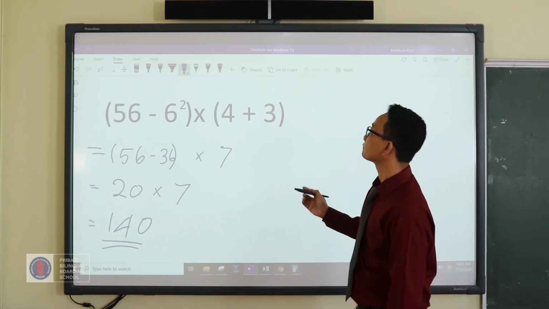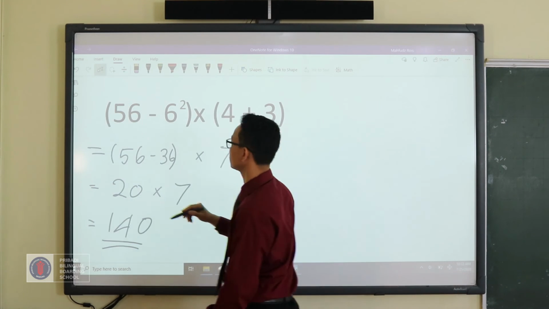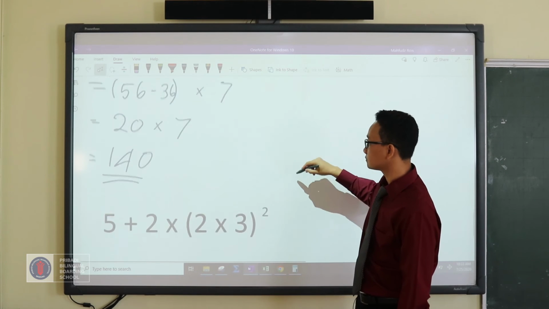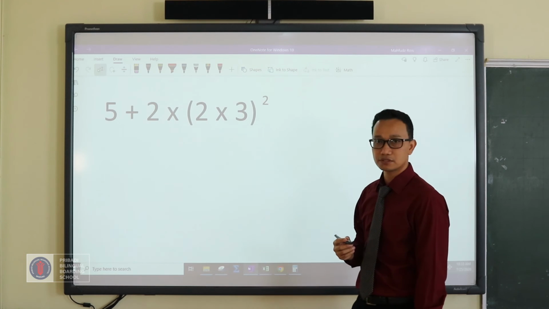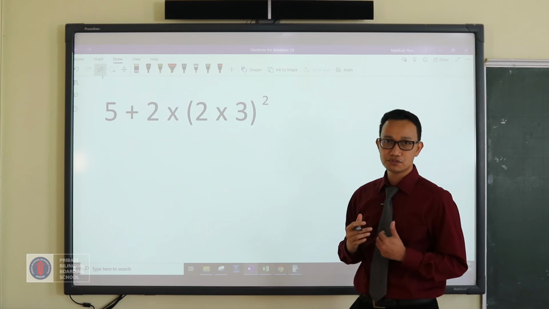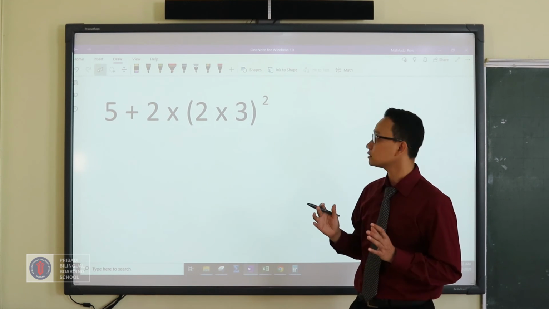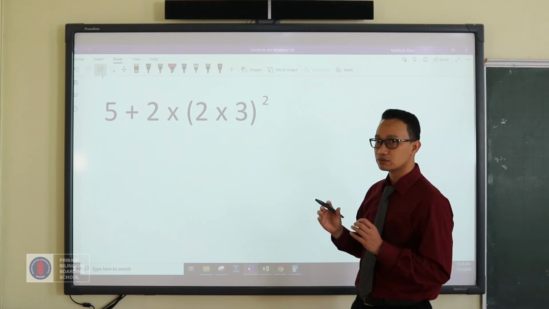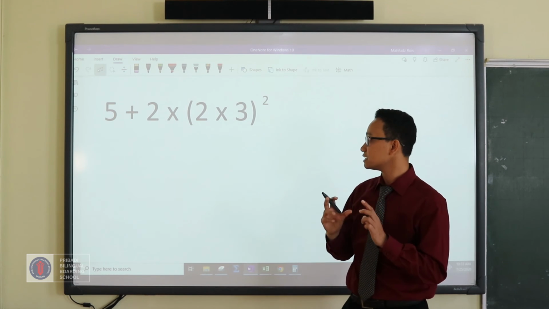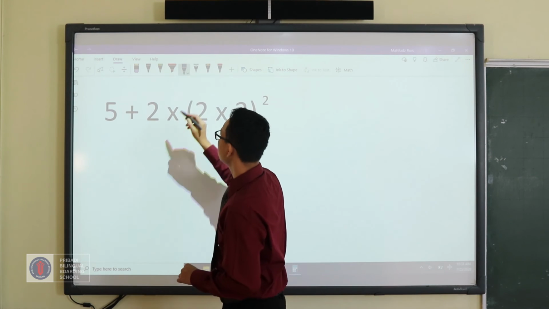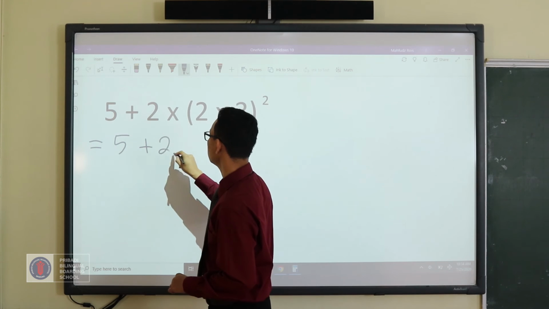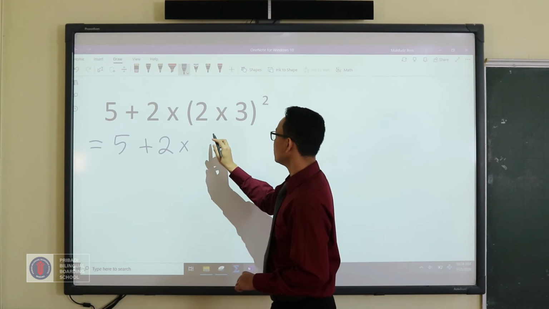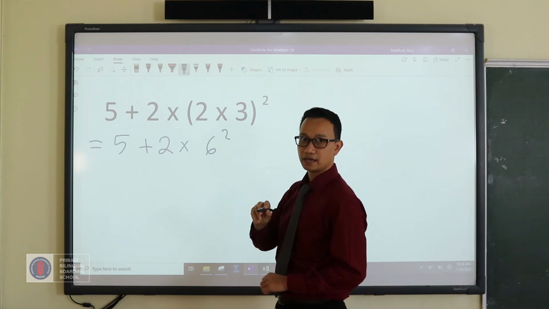One more example. This is the last example. We have 5 plus 2 times the parenthesis of 2 times 3, but with the power of 2. Firstly, we need to consider the brackets, or the parenthesis here. Let me just rewrite. 2 times 3 is 6, so it's 6 squared.